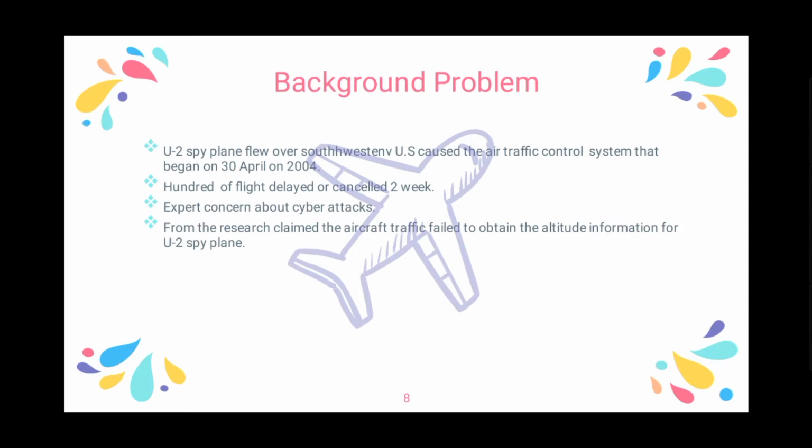Secondly, hundreds of flights were delayed or cancelled for 2 weeks. Third, experts were concerned about cyber attacks. And lastly, the research claimed the air traffic system failed to obtain the altitude information for the U2 spy plane.